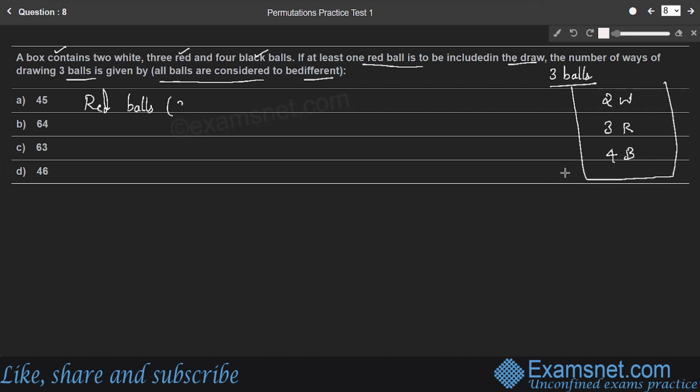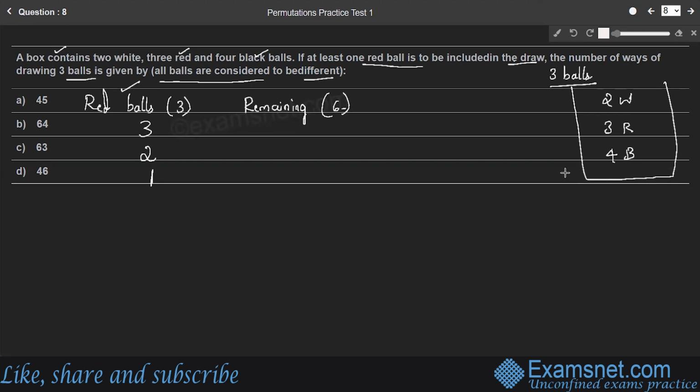In the box there are 3 red balls and the remaining balls are white and black. Right? So there are 6 balls remaining. In that we can draw all 3 balls, or we can draw only 2 balls while drawing 2 red balls. Right? I'm focusing on red balls. Or we can draw only 1 red ball.